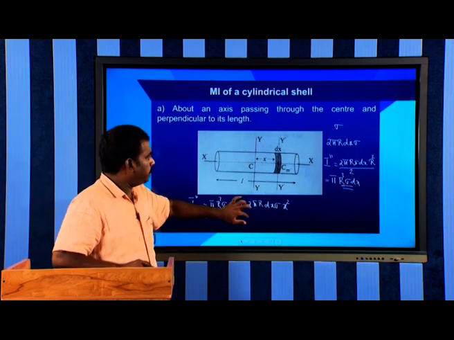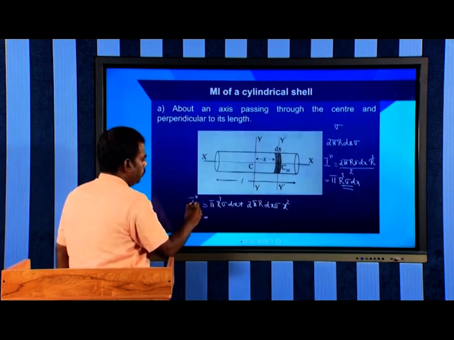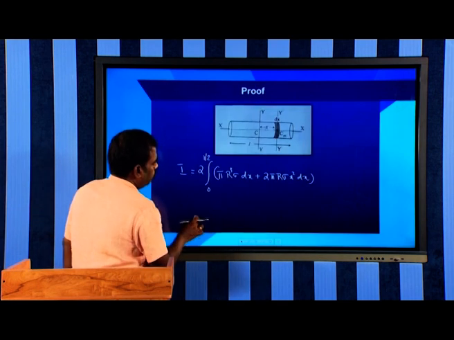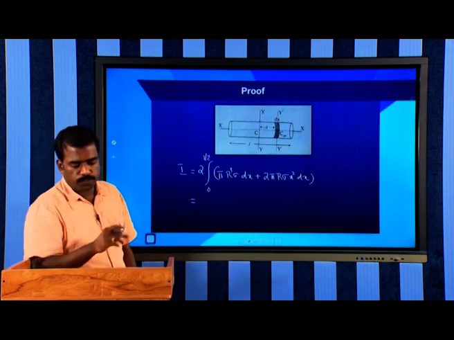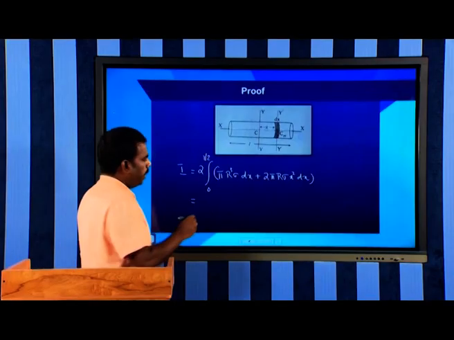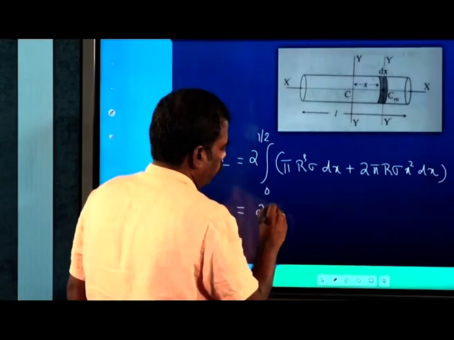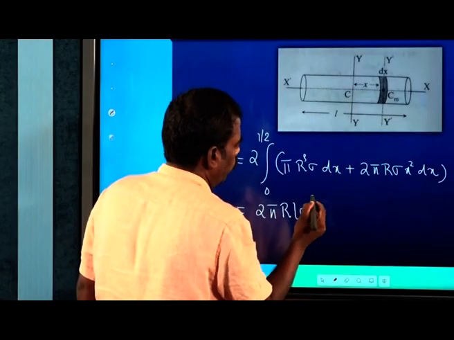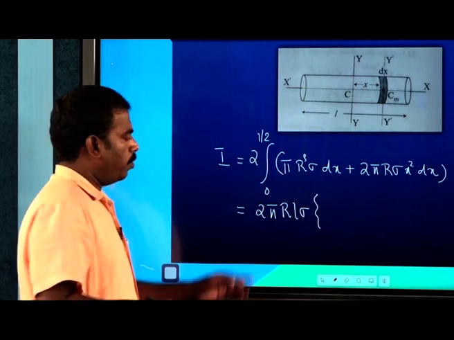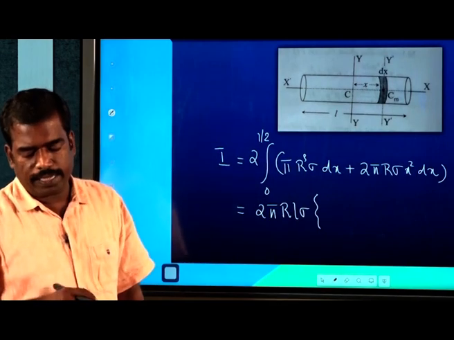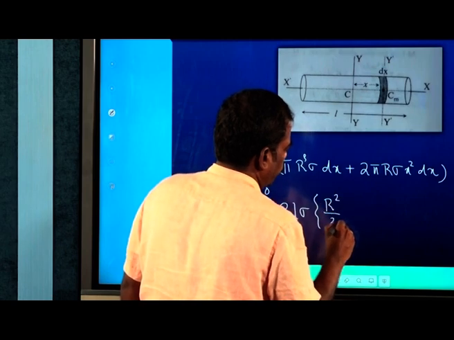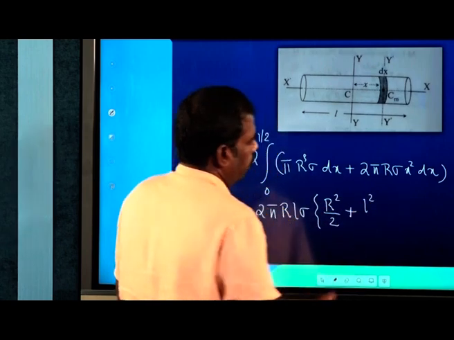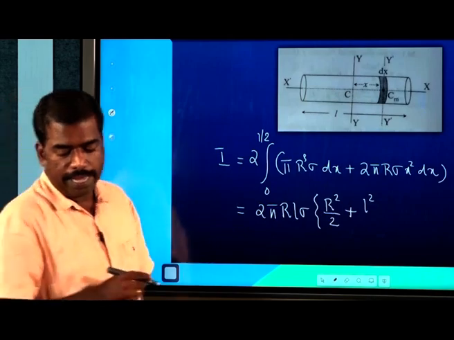So, take that outside so that you can rearrange the expression, and you will get 2 pi r L sigma. Just substitute all this and solve. So, you will arrive at the final expression 2 pi r L sigma into r square by 2 plus L square by 12.